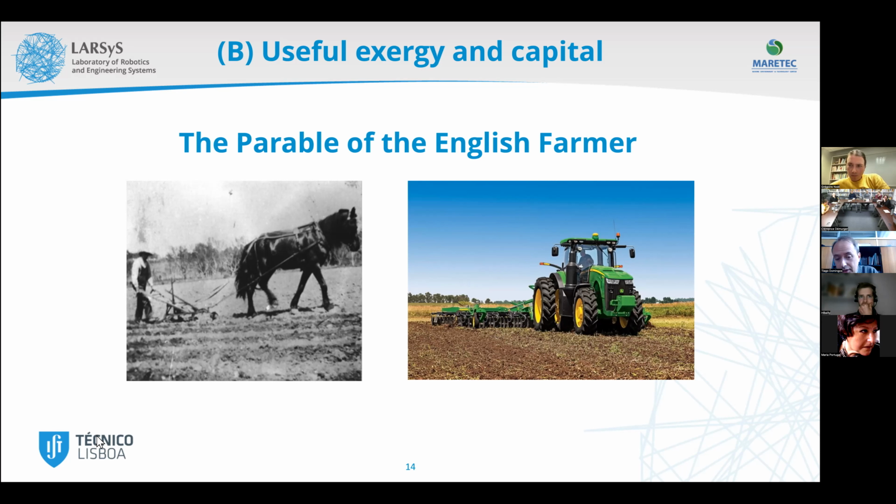What you have here is two different capital items, a tractor and a horse. Nowadays, a 100 horsepower tractor will cost 30,000 euros, more or less. A horse will cost more or less 3,000 euros. So seen from the economic point of view, if the tractor is 10 times more expensive, that's because it's 10 times more productive.